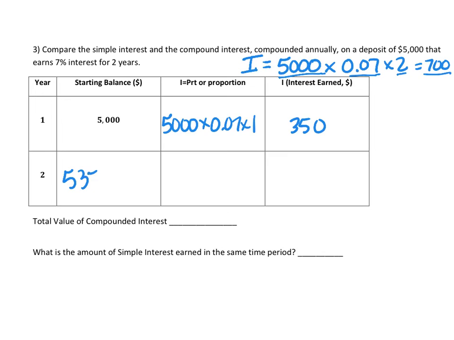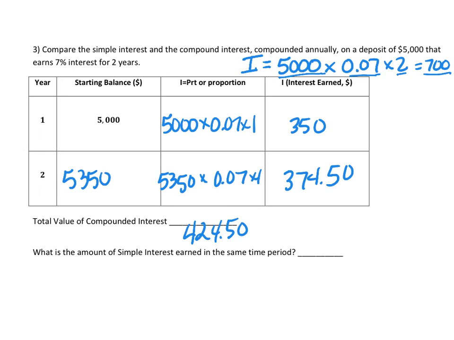I would add that back in to my amount. And I would get 374.5. So what's the total value? It'd be 424.50. And the total is $724.50. And then the total value of simple would be 700.